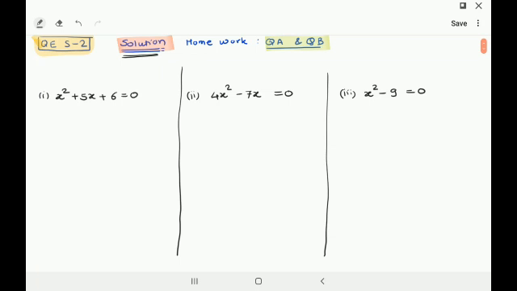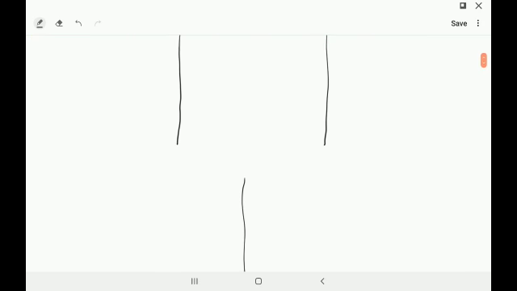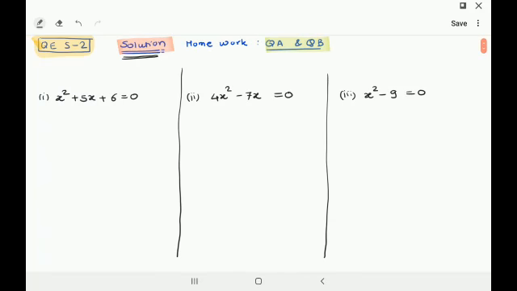Like a linear equation, there are a few methods of solving. In linear equations, we have learned the graphical method, the elimination method, the cross multiplication method, and the substitution method. So there are multiple methods of solving linear equations. In the same way, quadratic equations also have methods to solve.